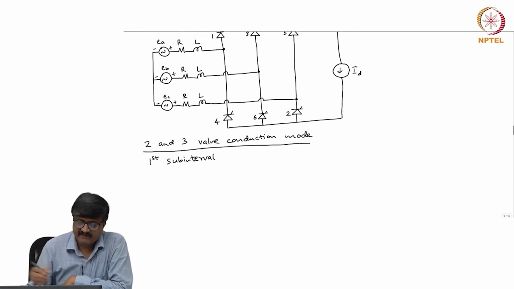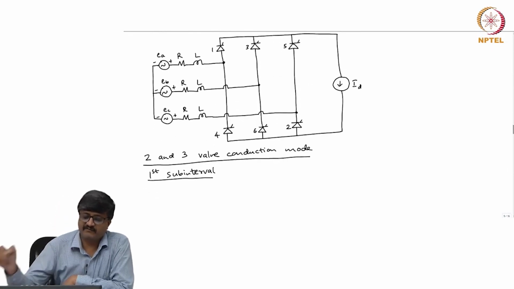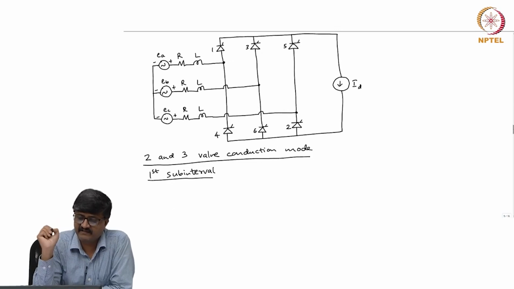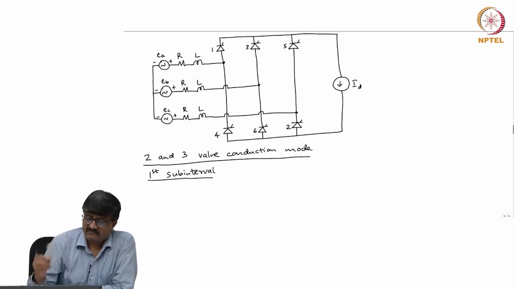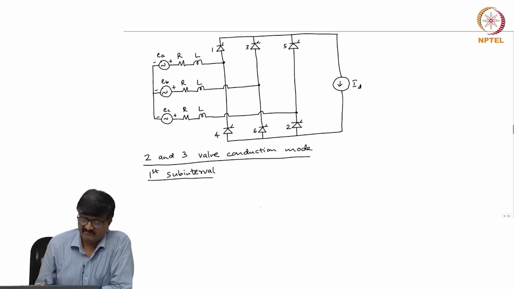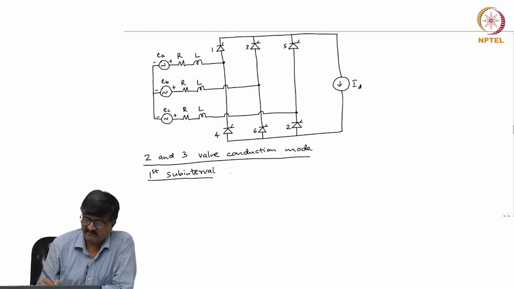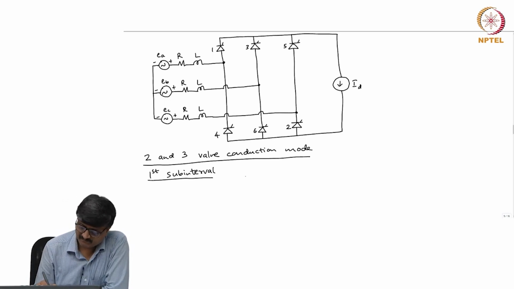So, if I redraw the circuit diagram by showing only the elements that conduct, among the 6 valves only the valves 1, 2 and 3 conduct and 4, 6 and 5 do not conduct.